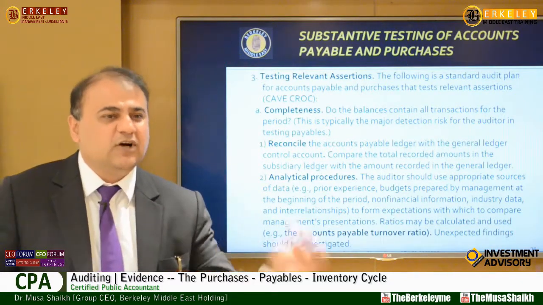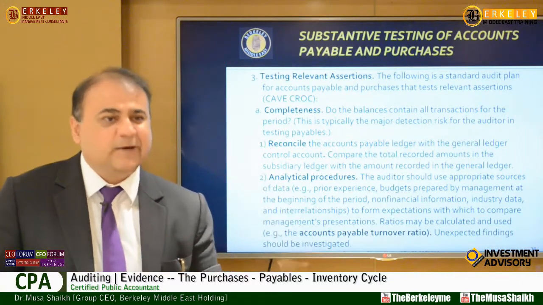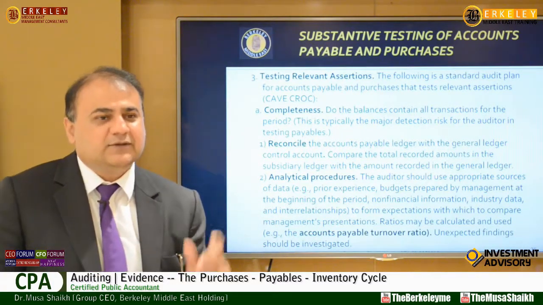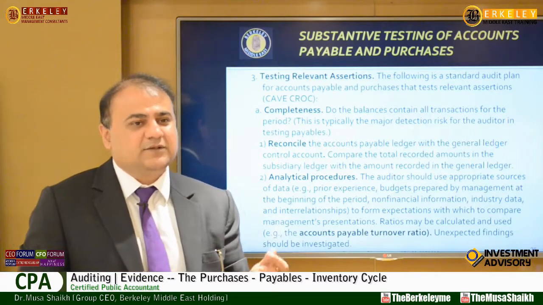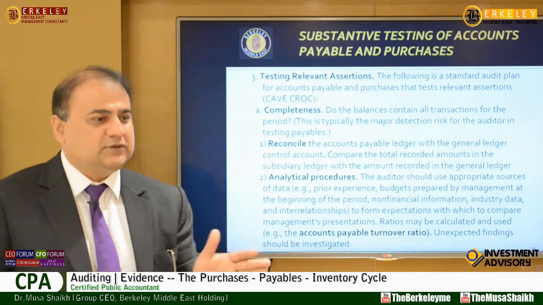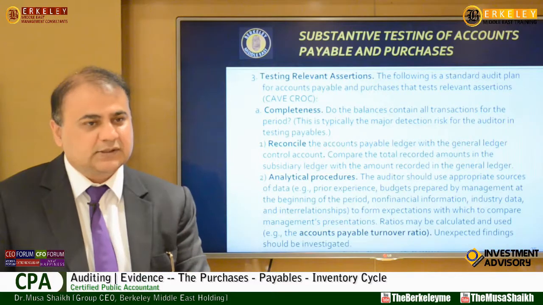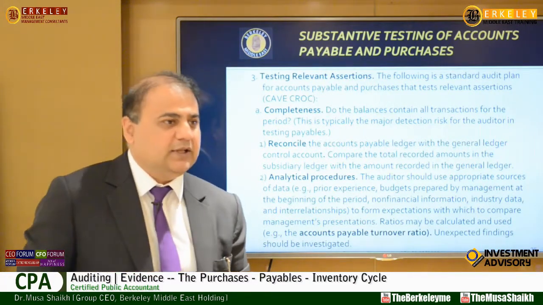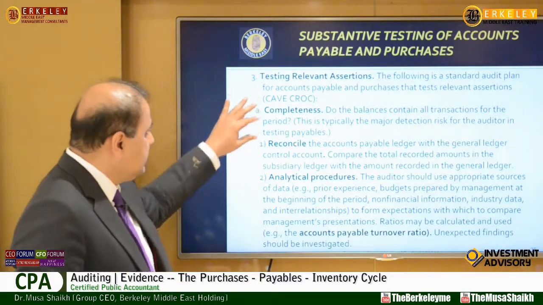So one layer of work you are taking from the department itself, and once you go, you do random basis based on your suspicion level, that how much you doubt, or risk assessment basis. If more, do it more; if less, it will add value in the day-to-day life of a company.